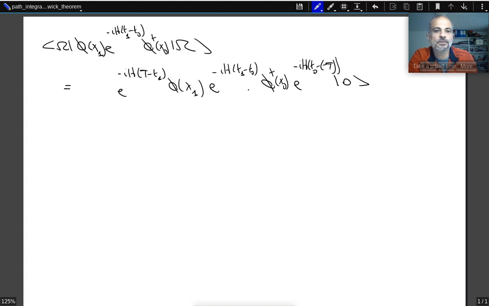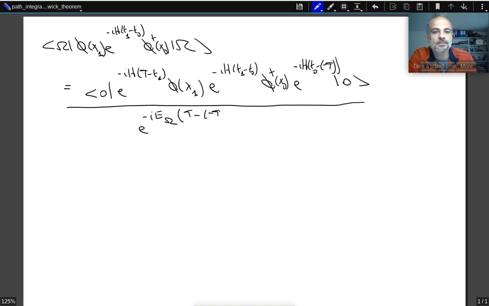So what we are doing here is, after the interaction, after we check, we let the system evolve again to a time capital T, which will again be infinite, and at the time T the system will be in vacuum. And of course there will be some phases. To fix the phases we just divide by e to the power minus iE_omega, the energy of the vacuum, times (T minus minus T), and the overlap of the vacuum state with the real vacuum of our interacting state, divided by squared.